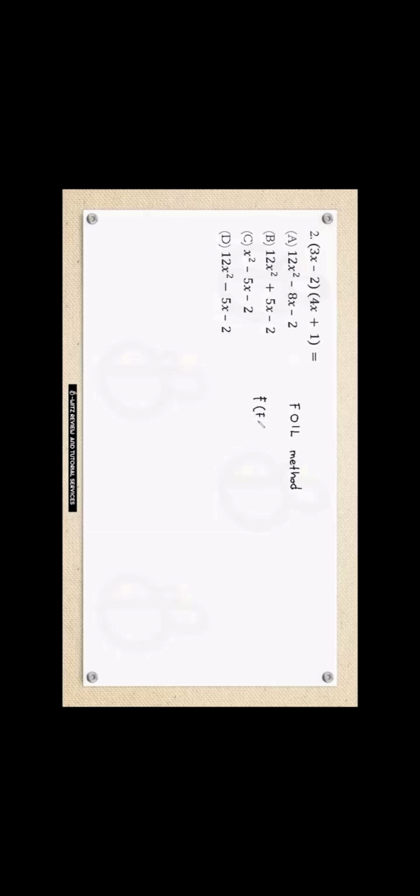F stands for first terms, meaning that we need to multiply the first terms in our given binomial here. Next, O stands for outer terms, I for inner terms, and lastly L for last terms.